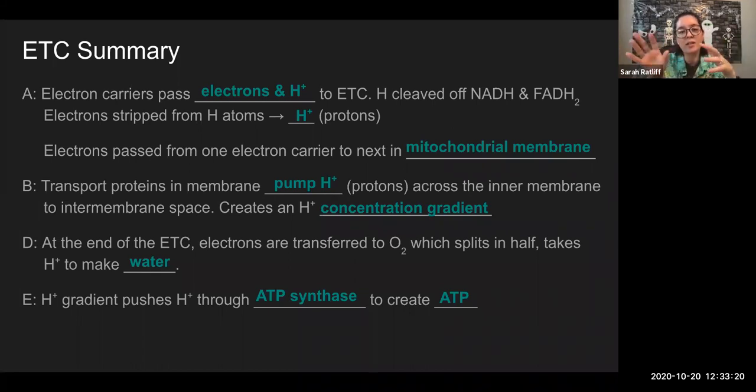Those electrons go into the proteins to pump those H+ ions across the membrane to create the concentration gradient. At the end of the ETC, that last protein, it's splitting the oxygen that we breathe in half to make water, which is a waste product of this process. The last step, that H+ gradient pushes those hydrogen ions through ATP synthase, our enzyme that creates ATP.